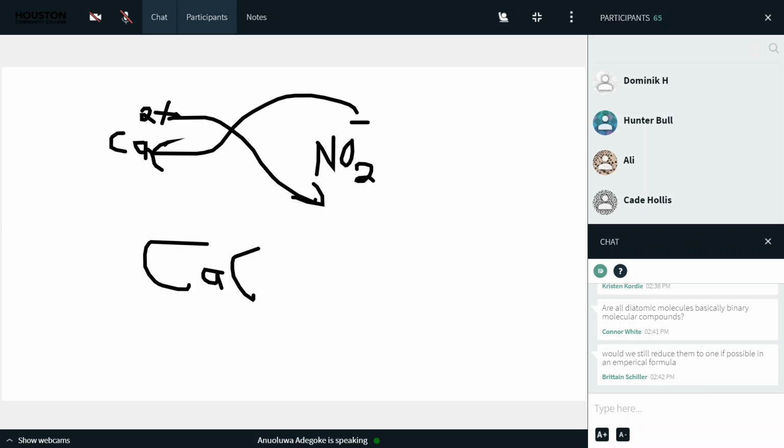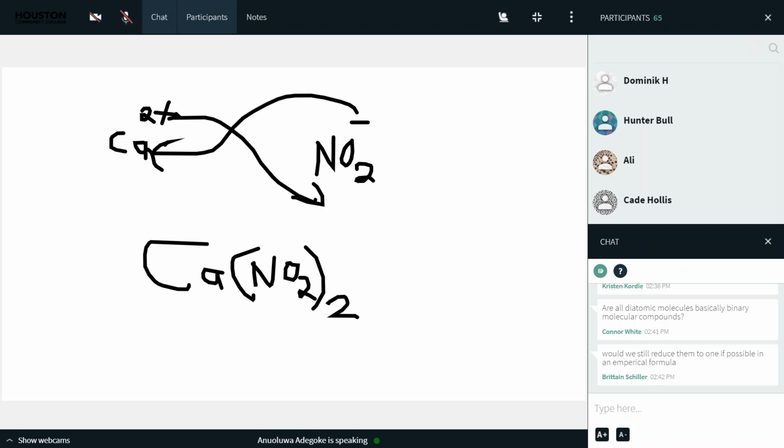The reason we put parentheses whenever we are dealing with a polyatomic ion in a compound is to keep it neat and not confusing, because a polyatomic ion is a group of nonmetals together with one charge. So we put 2 here. That 2 is from calcium.